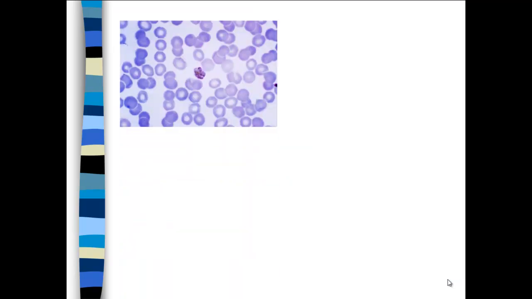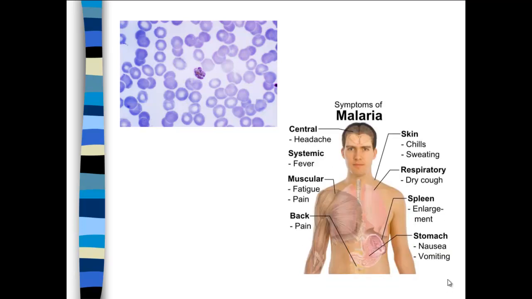Here's Plasmodium. Plasmodium is the parasite in malaria, and here are the symptoms of malaria. What you see here is a background of white blood cells and then cells infected with Plasmodium.